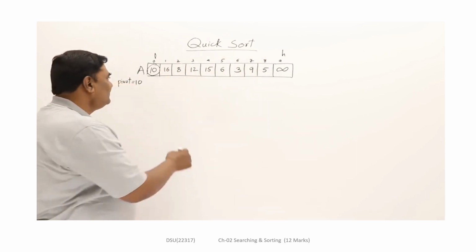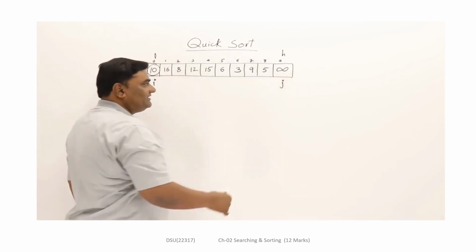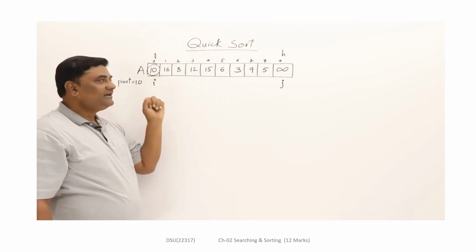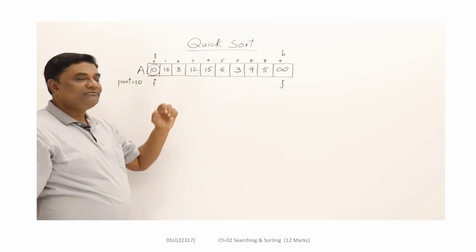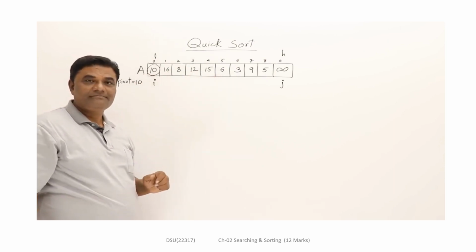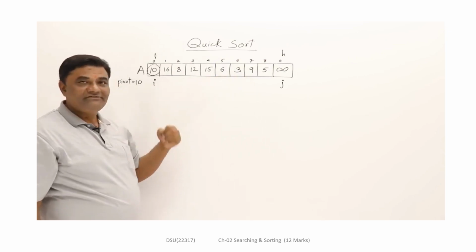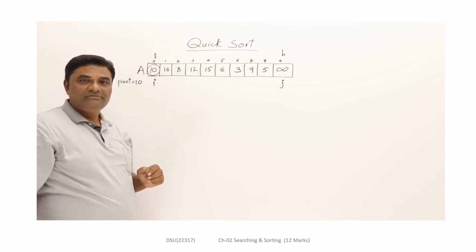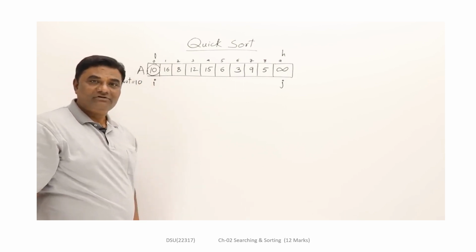For doing so, I will take i starting from pivot and j starting from infinity. i will search for elements which are greater than 10, that is pivot, and j will search for elements which are smaller than pivot, so that they can exchange the numbers. At most i will stop at infinity, and j will at most stop at pivot.